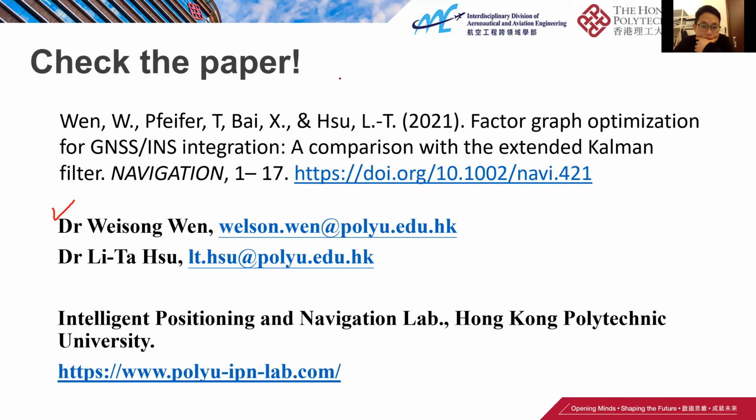He asks, in EKF, there is some outlier detection scheme with prior innovation test. Is there something equivalent with FGO? Oh, I will say yes. So basically, if you can calculate the residual, it can be used as an indicator to detect the outlier.